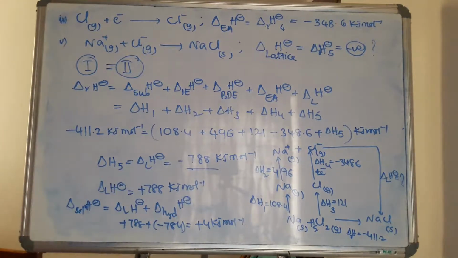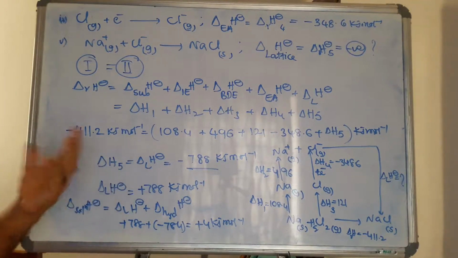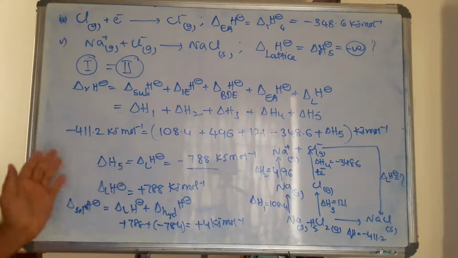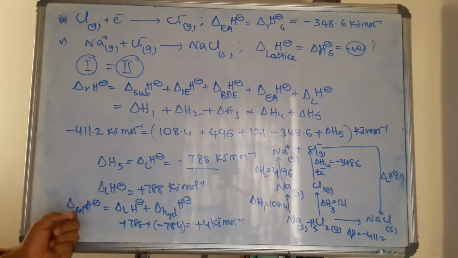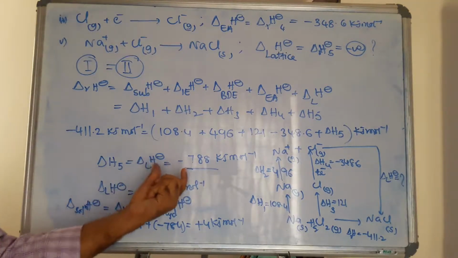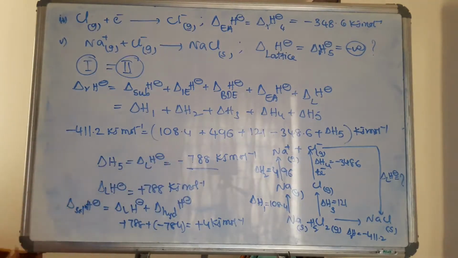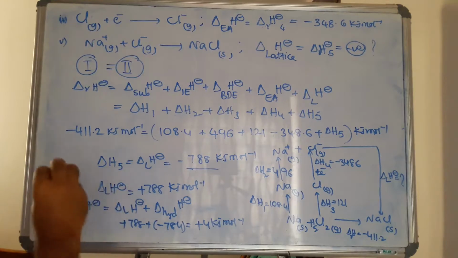It may be positive or negative, both positive and negative. For formation it is negative, for dissociation positive. Sometimes they may directly ask this value also. You have to remember the lattice enthalpy for NaCl. For other compounds other values will be there, but in our textbook only this is explained. That's why you have to remember this value.